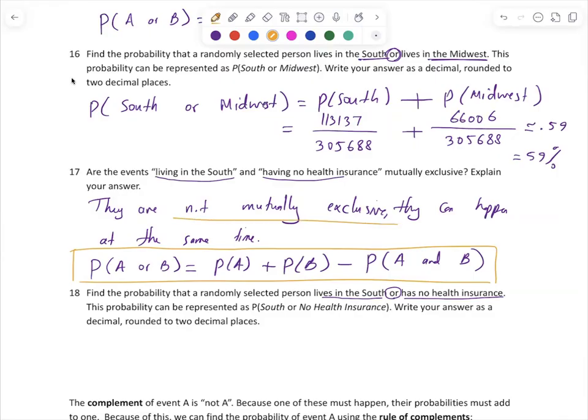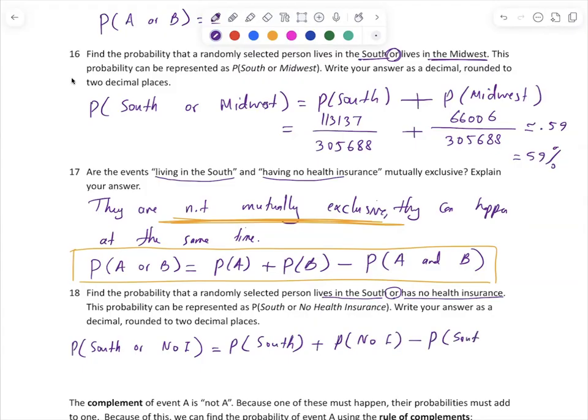If they are not mutually exclusive, the addition rule is going to have another component, minus the probability of their intersection. Very important. So in this case, the probability of south or no insurance is going to be the probability of living in the south plus the probability of no insurance minus the probability of their intersection, living in the south and having no insurance. Very well.